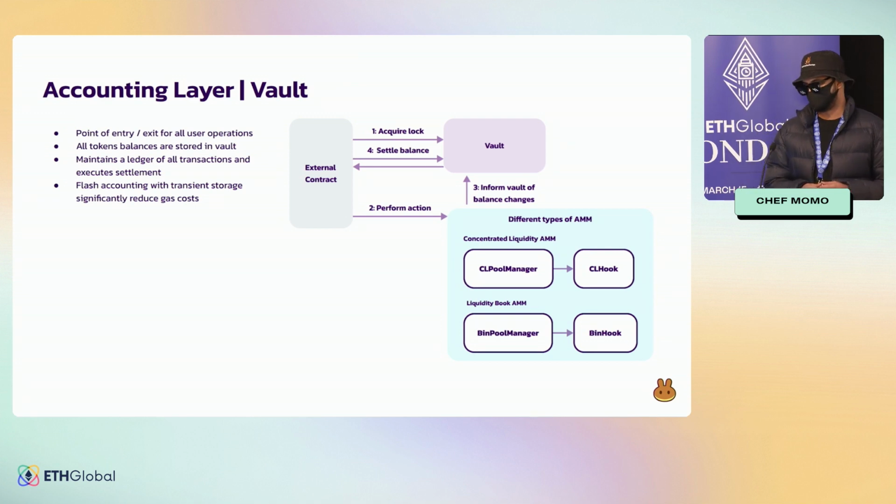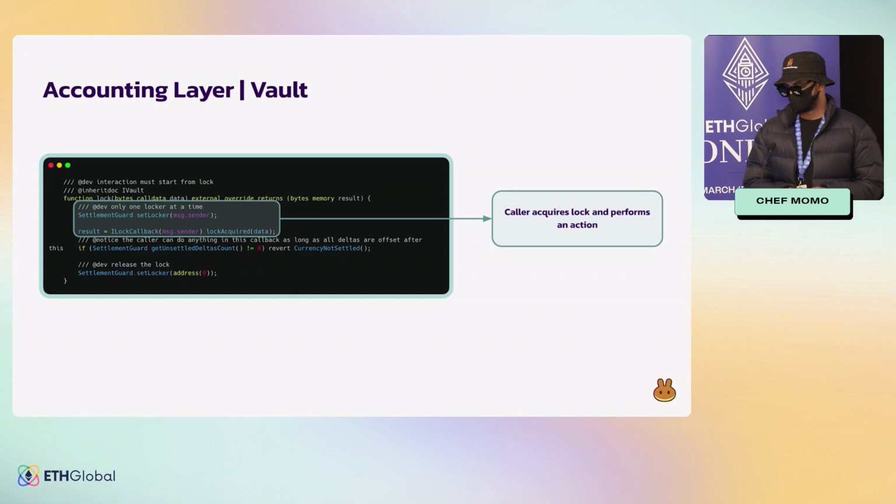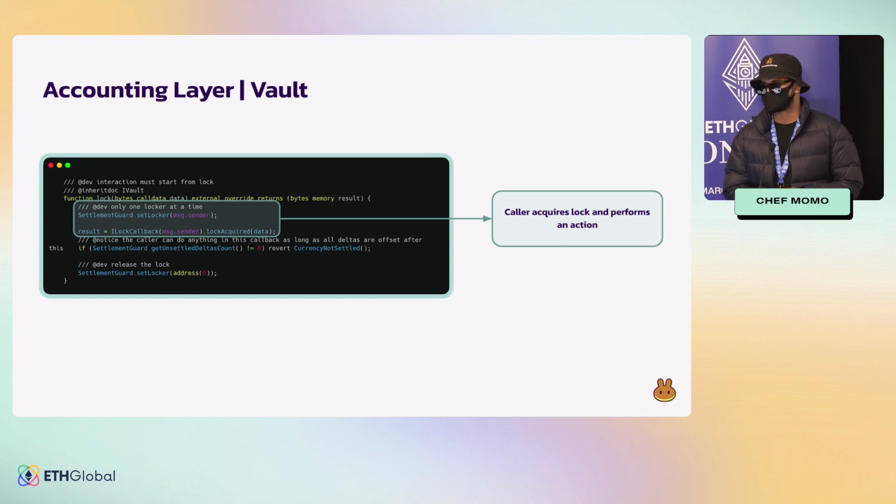And now the gas savings come with the flash accounting implementation, which we'll discuss later on in detail. So from here, I'll walk you through each step, with some code snippets to make it clear how it works. Starting with the first step, which is acquiring the lock.